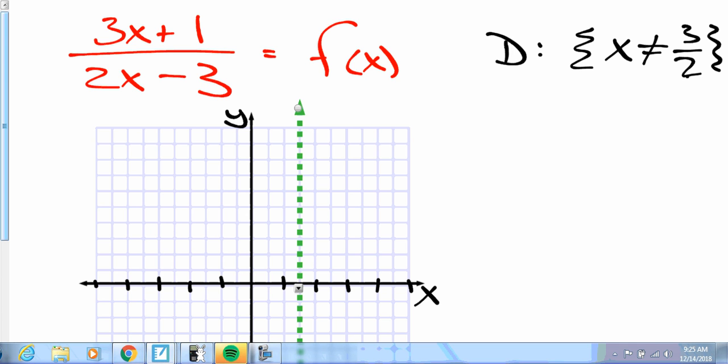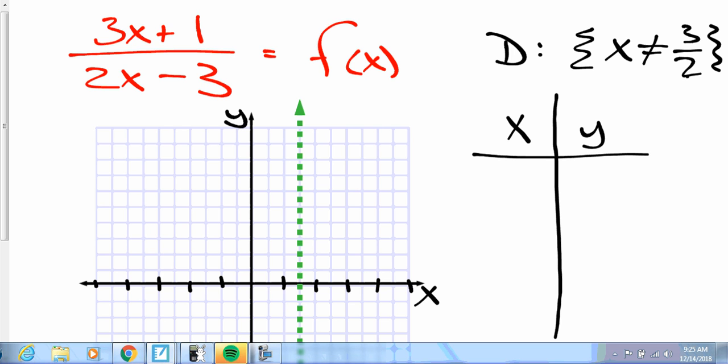Let's do this. I want to build a table. X versus Y. All right? Let's start at x equals -5. When x equals -5, -14 over -13, so positive 14/13. Okay.